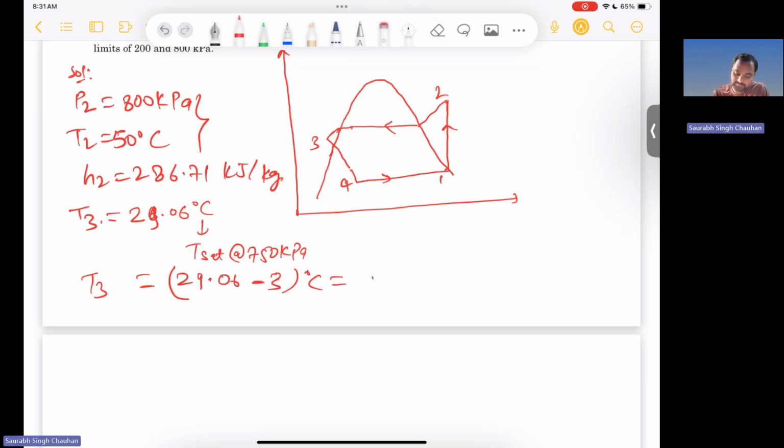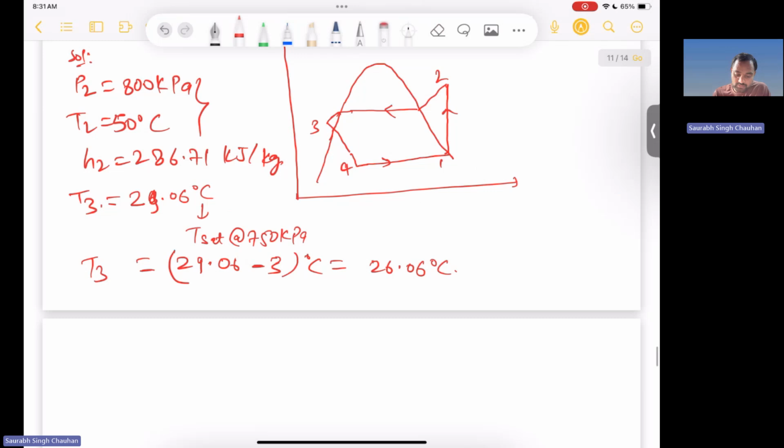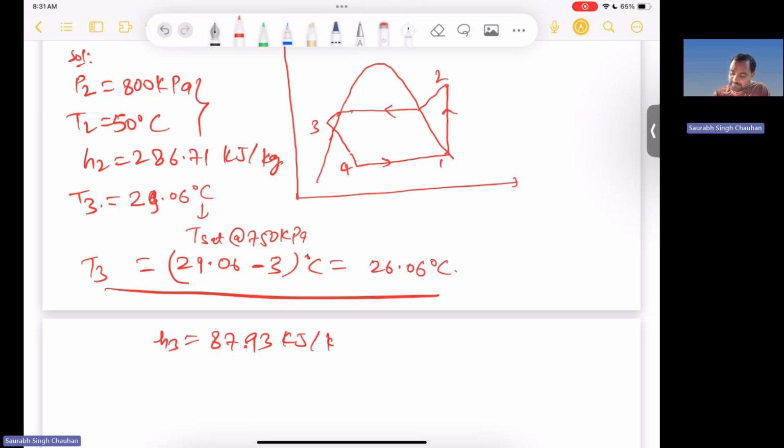So it is 26.06 degrees Celsius. Okay, so at this value of temperature and 750 kilopascal, you can find the enthalpy from the property table, and it will come out to be 87.93 kilojoule per kg.